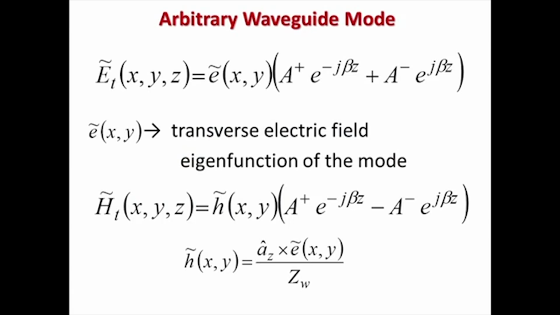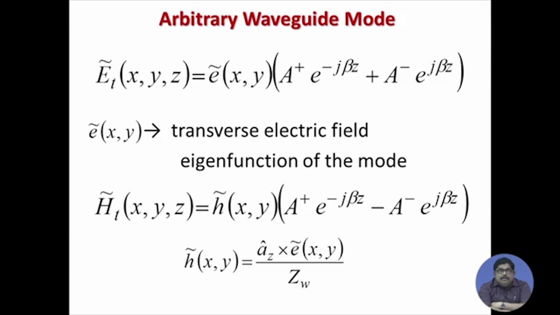So, that is why let us say that for an arbitrary waveguide mode, the transverse component of the electric field will in general be a function of x, y, z. So, that can be written as the eigenfunction E(x, y) into one positive going wave e to the power minus j beta z, another negative going wave e to the power plus j beta z.